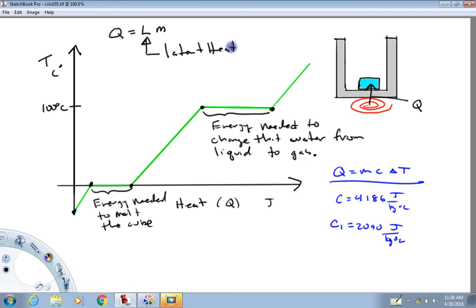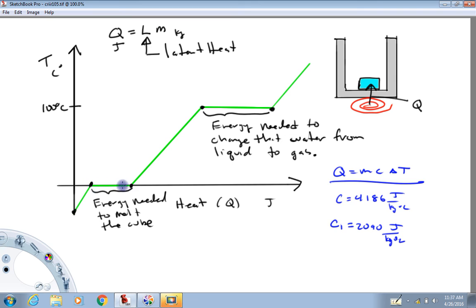Now, you can tell hopefully by the equation what the units on this would be. Right? Heat would typically be measured in joules, mass in kilograms. So the latent heat has units of joule per kilogram. Now any given material will have two different latent heats. One for going between solid and liquid, one for going back and forth between liquid and gas.